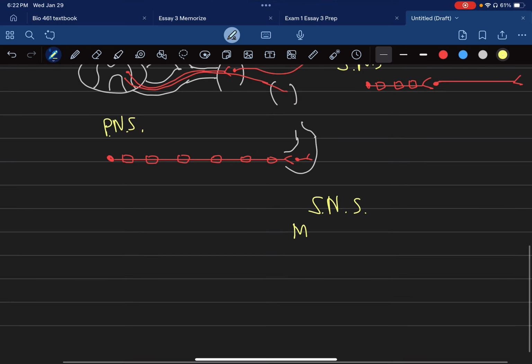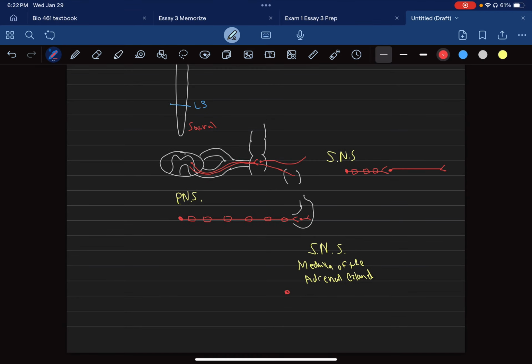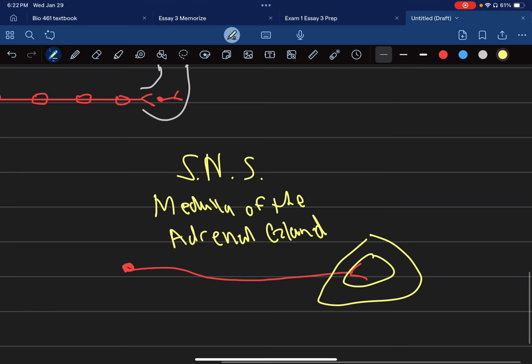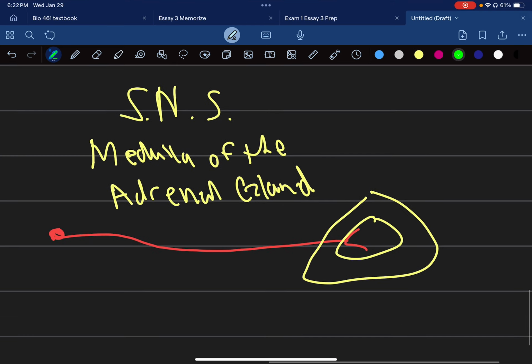There is another exception for the sympathetic nervous system, and that is if it's going to the medulla of the adrenal gland. If that happens, it's actually going to just be a one neuron system. It's going to go straight into that adrenal gland. We'll kind of draw it like that. It's going to release some acetylcholine, and it's actually going to synapse with the cells inside this gland.